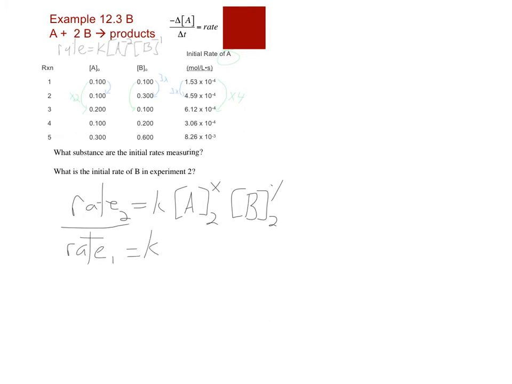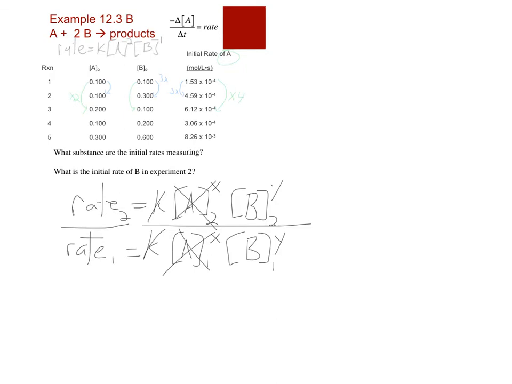K is the same. A of trial 1 to the X power, and B of trial 1 to the Y power. So when we do it this way, we just take two generic rate laws, one over the other. The K's will cancel out. And since A is held constant in trials 1 and 2, A cancels out as well.